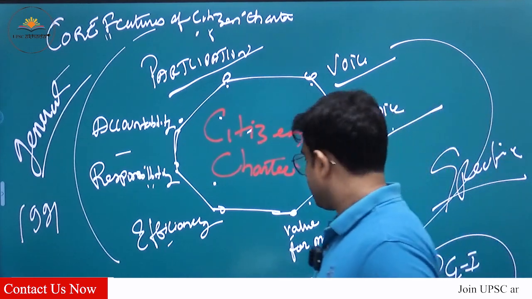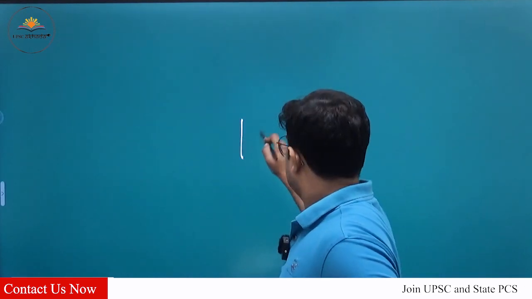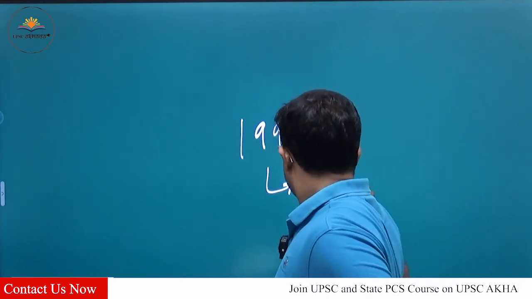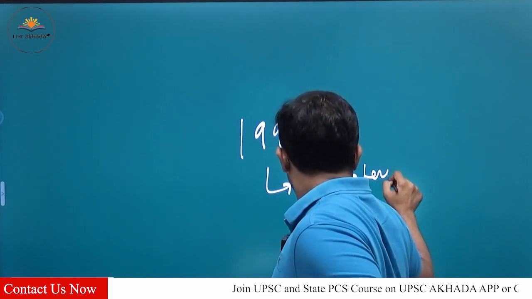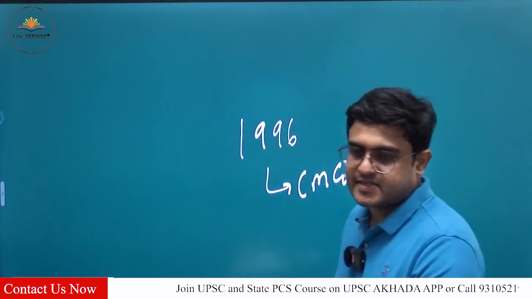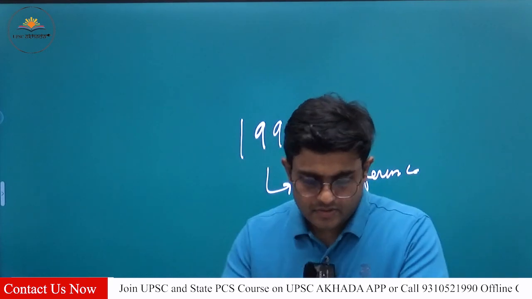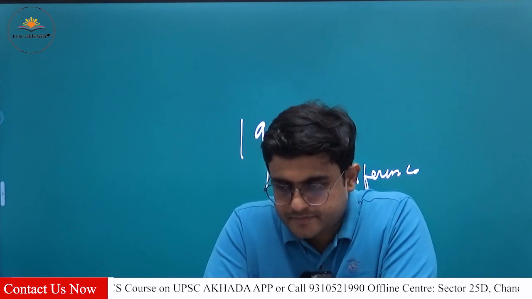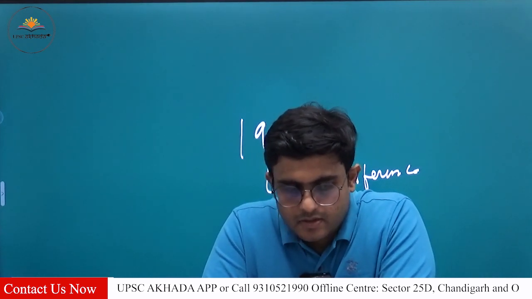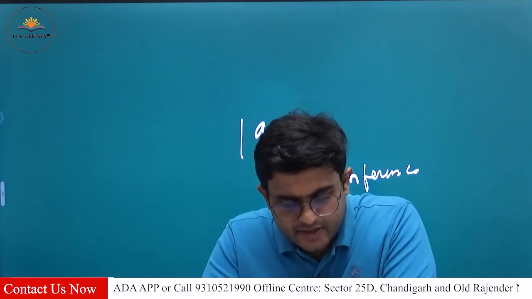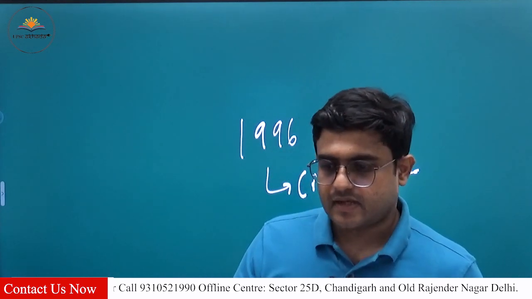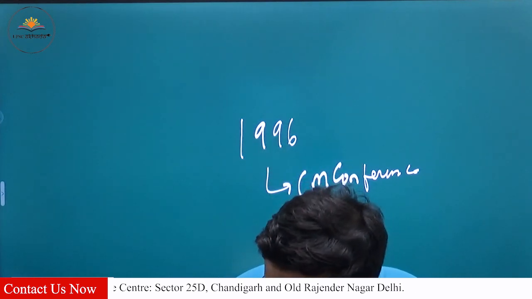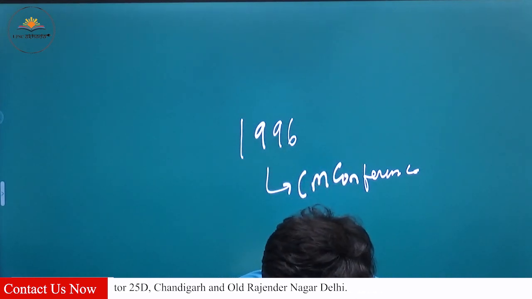Alright, second, India. 1996, CM Conference on Responsibility and Transparency in Governance. That was the name.